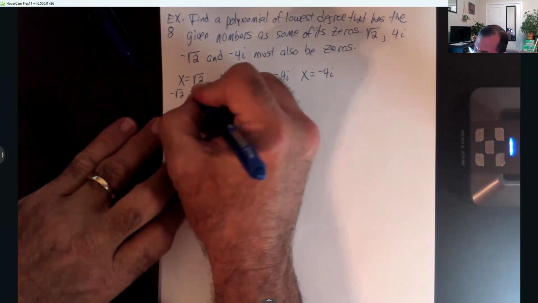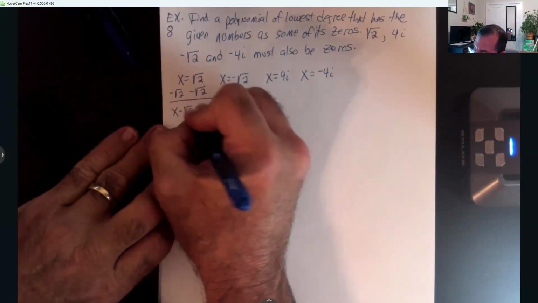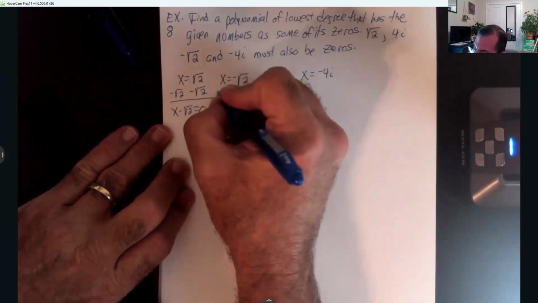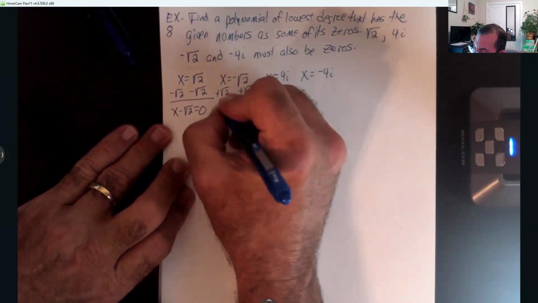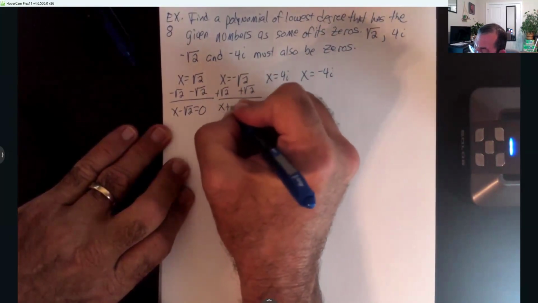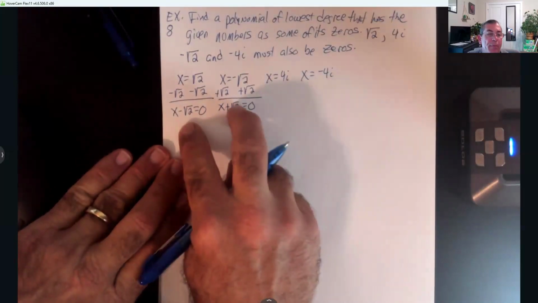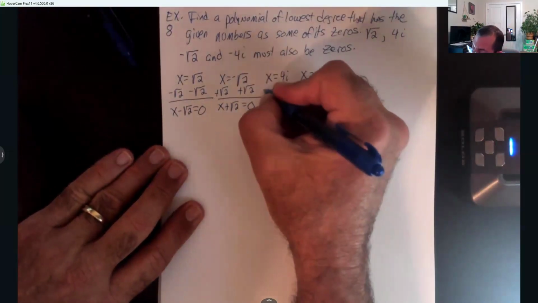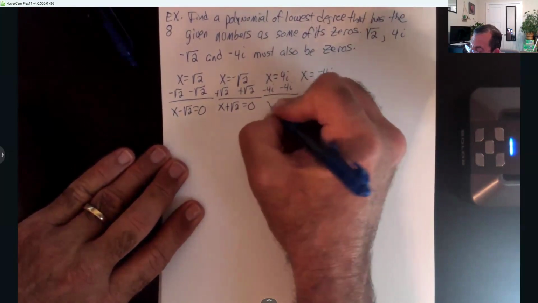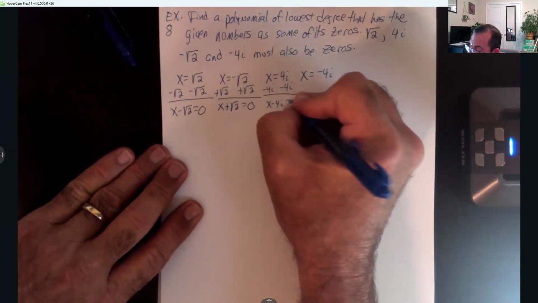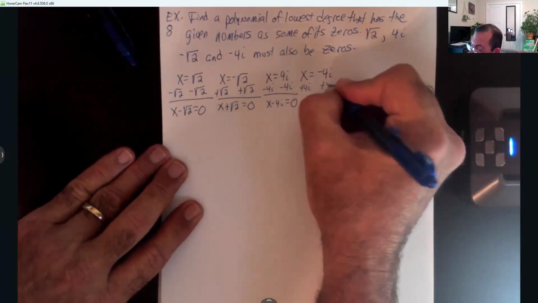So I'm going to subtract square root of 2 on my first one. X minus square root of 2 will equal 0. Add square root of 2 to the second. So I get x plus square root of 2 equals 0. So I got my conjugate pairs here. And then here, subtract 4i. And then y'all finally add 4i.